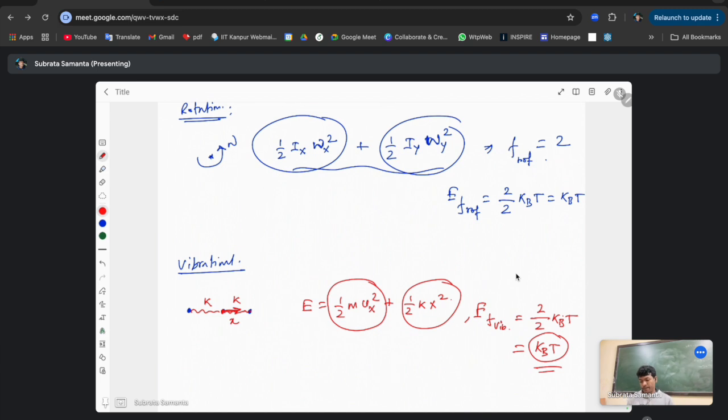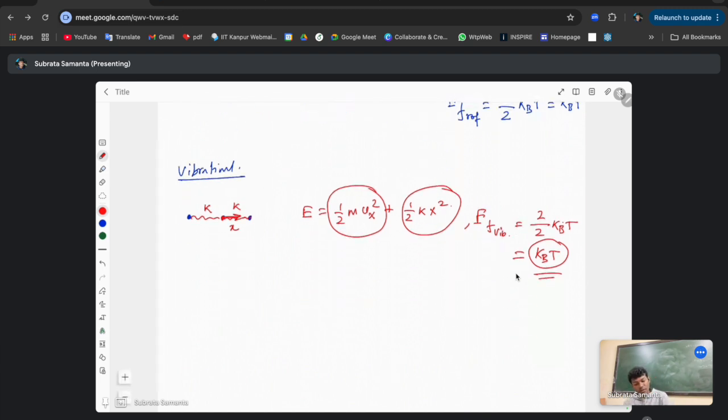And the vibrational degree of freedom for each mode is 2, because of the Vx square and k x square, so there is a potential as well as the kinetic energy.